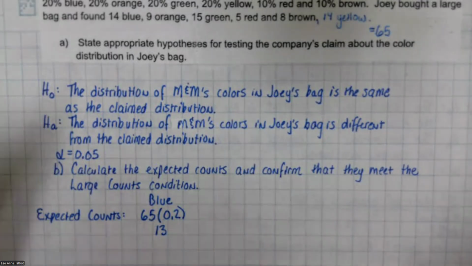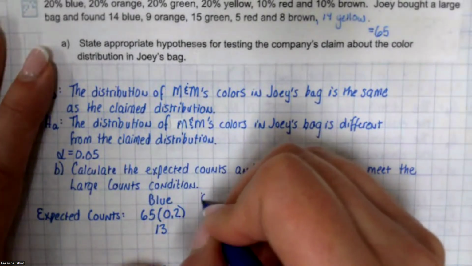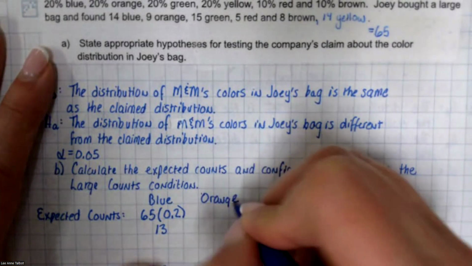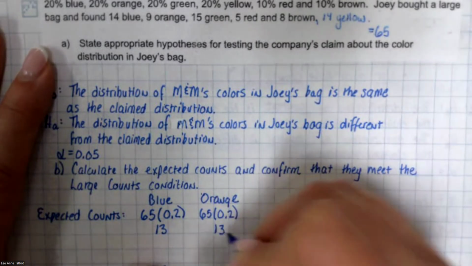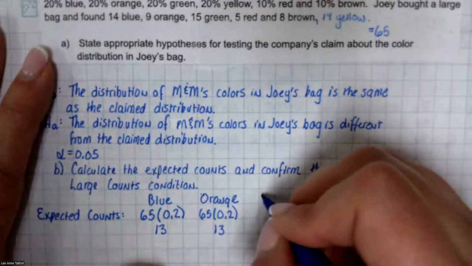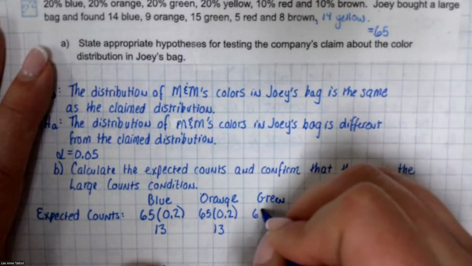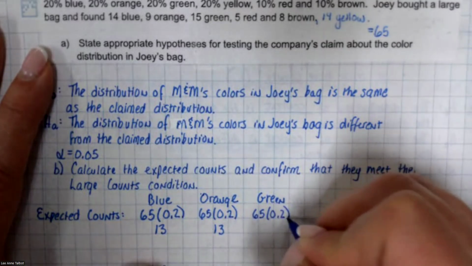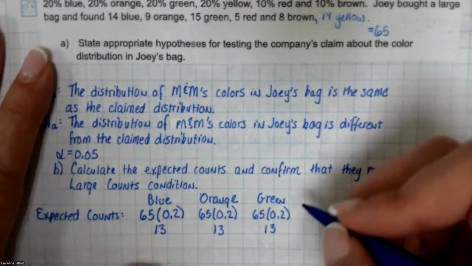Okay, so now we're just going to keep going. Orange, green. His green was kind of on, but his orange was kind of off.